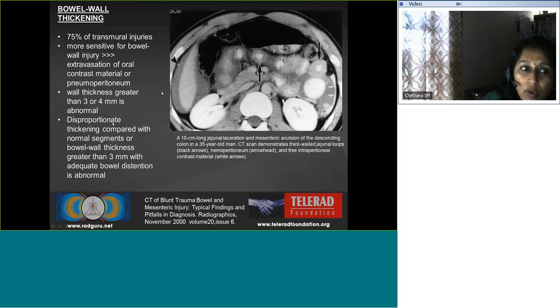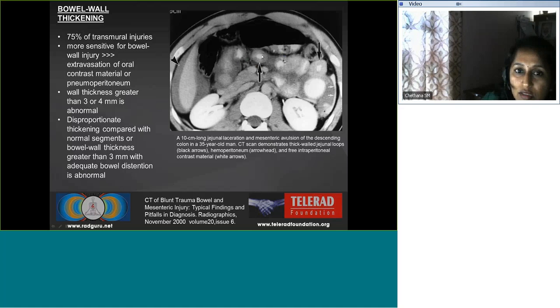And the second point is bowel wall thickness greater than 3 mm with adequate bowel distension. We cannot say that the bowel wall is thickened when there is under distension of the particular bowel in question. So based on these two criteria, it's considered abnormal.